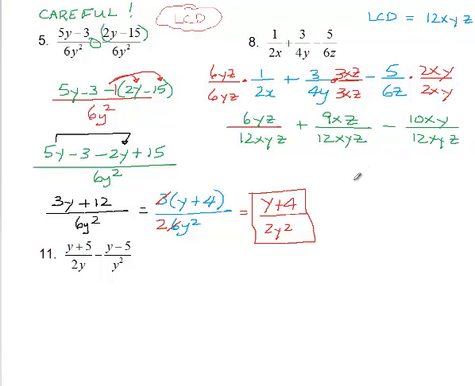Now we can write it all over one denominator, 12xyz. The first term is 6yz plus 9xz minus 10xy.